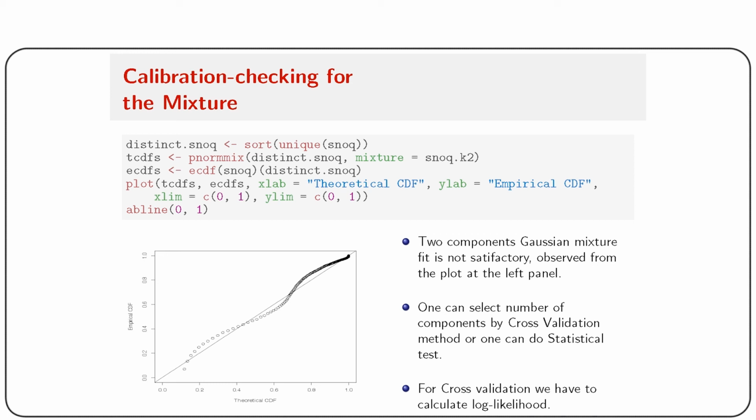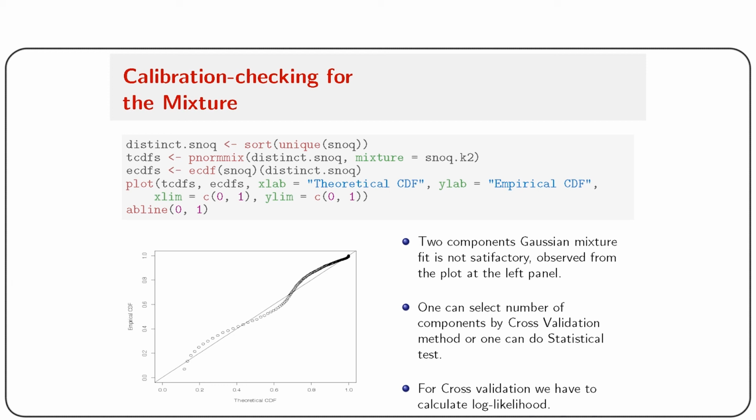That will give you the TCDF, and the ECDF can be computed, which is the data divided by the distinct.SNOQ, and then plot the TCDF, with the X label and Y label as given.